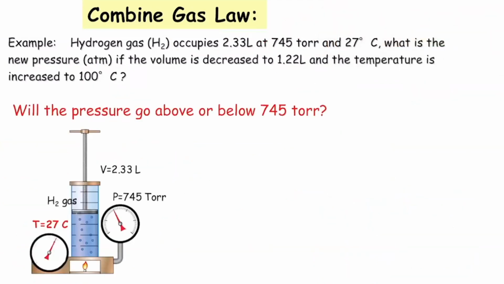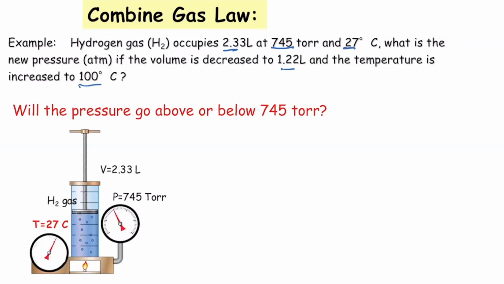So will the pressure go up or down? First of all, always try and look at the problem and think about, based on your experience, are you going to get an answer that is higher than 745 or lower than 745? Now, think about this. The volume goes from 2.33 to 1.22. So the volume is decreasing. It's becoming smaller. When you have smaller volume, the pressure goes up. Then the temperature goes from 27 to 100.